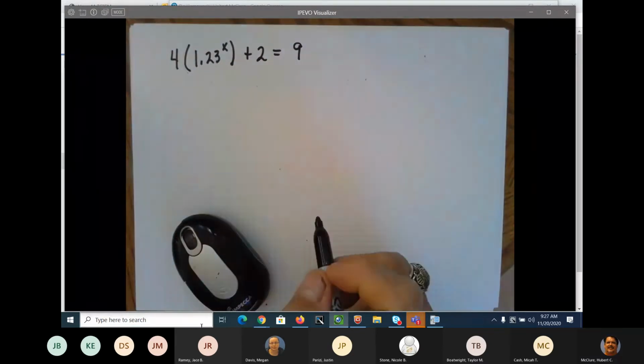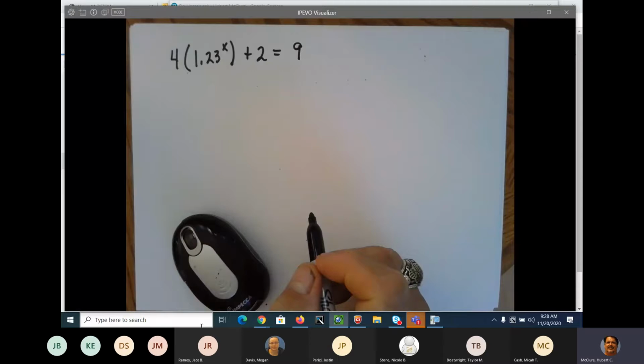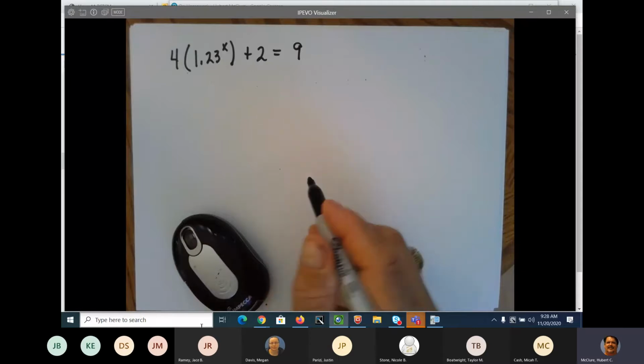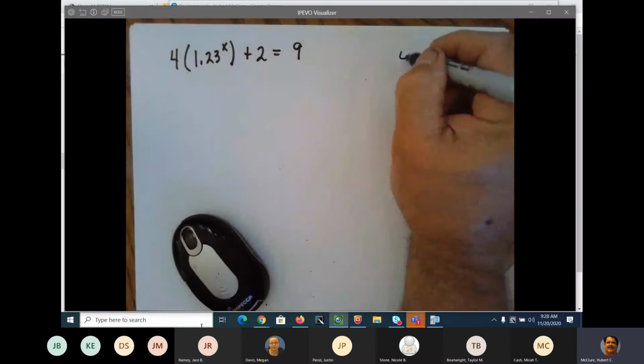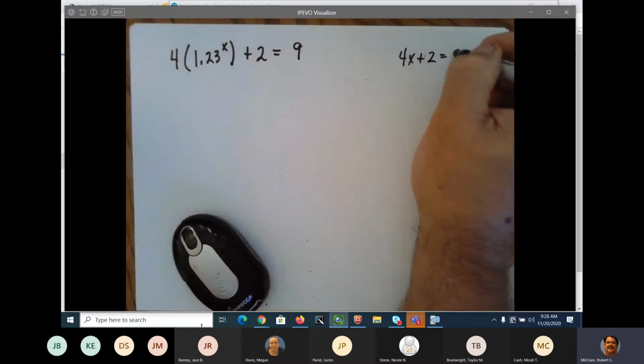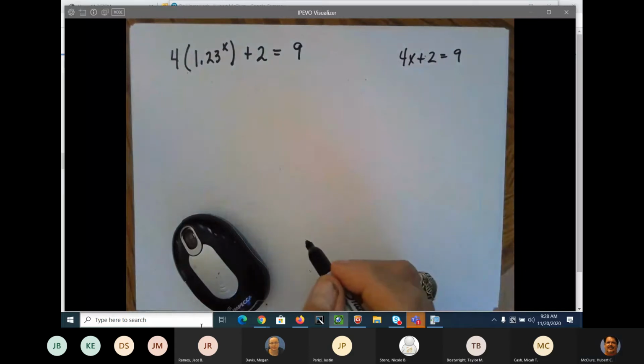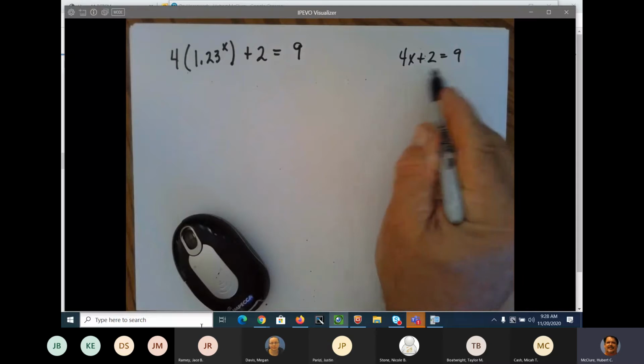So, what are we supposed to do? Well, treat this like a pre-algebra problem. 4x plus 2 is equal to 9. What do you do first on that pre-algebra problem?